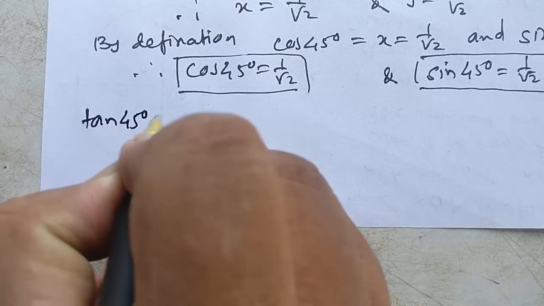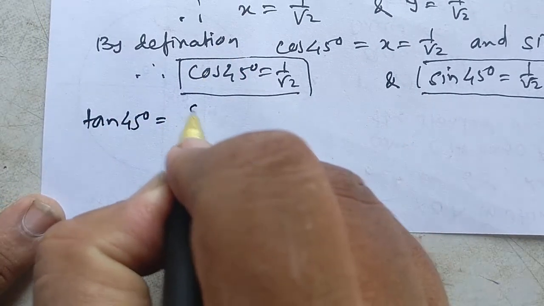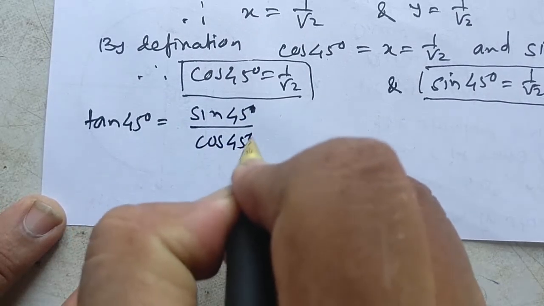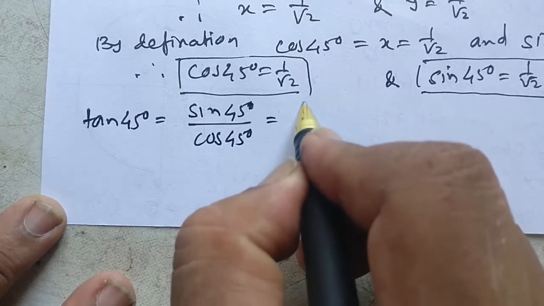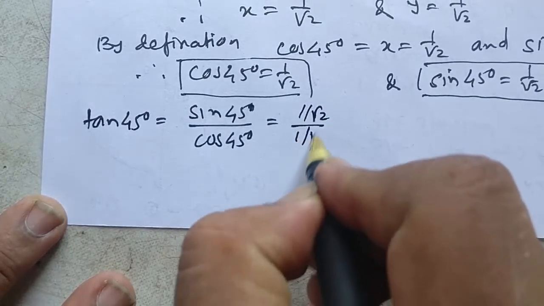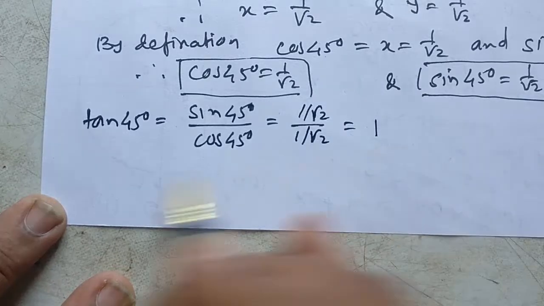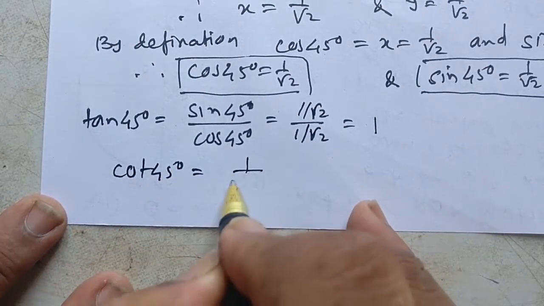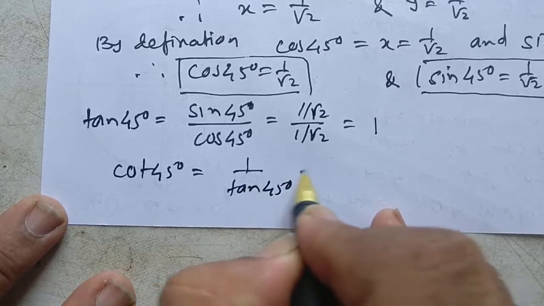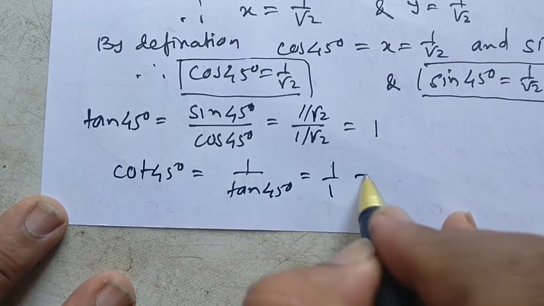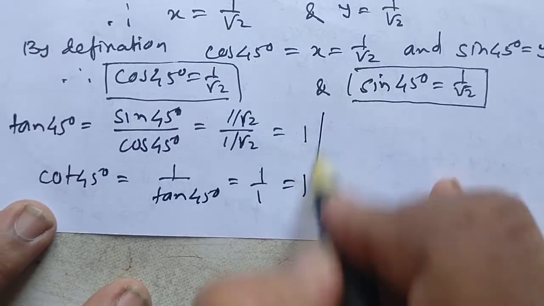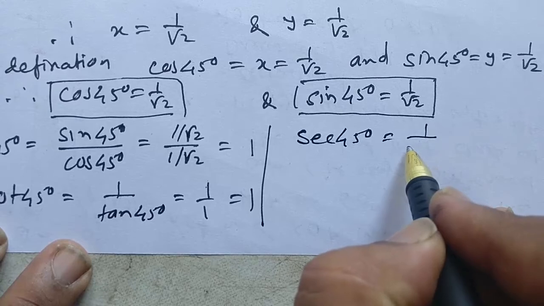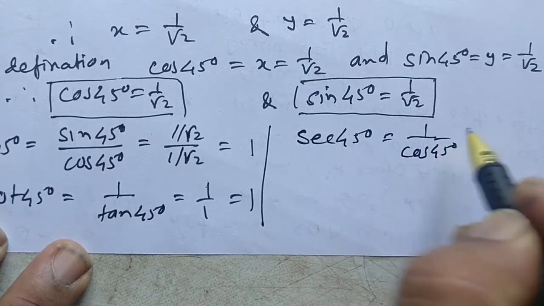Tan 45 is sin 45 degree upon cos 45 degree. It is equal to 1 upon under root 2 divided by 1 upon under root 2, it is 1. Cot 45 degree is equal to 1 upon tan 45 degree, is 1 upon 1, is equal to 1. Sec 45 degree is 1 upon cos 45 degree.